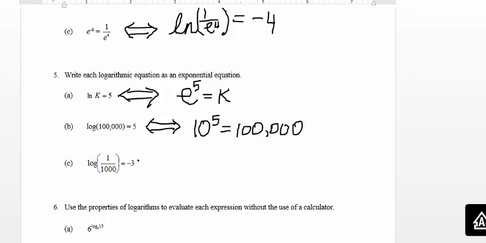And again on 5c, the base is an unwritten 10. The log is the exponent, so I apply the power of negative 3 to this 10, and this equals 1 over 1,000.